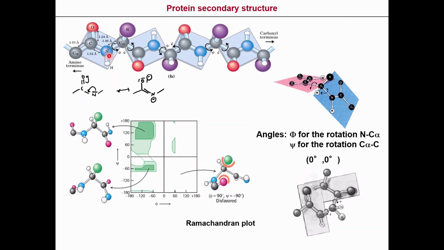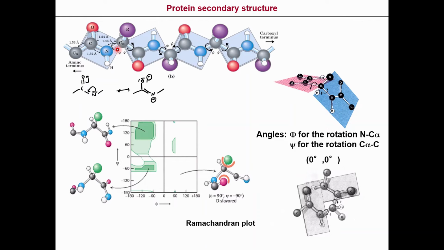So the backbone of a polypeptide chain can be pictured as a series of rigid planes. So you have several rigid planes, separated by substituted methylene groups. Okay, so you have a carbon here and you have a plane which can be at a different angle relative to the other plane.